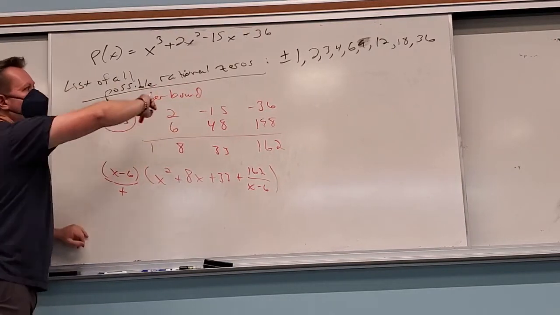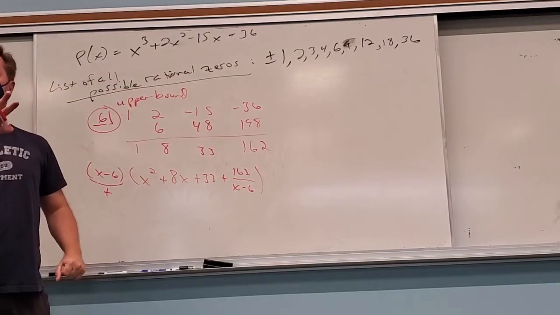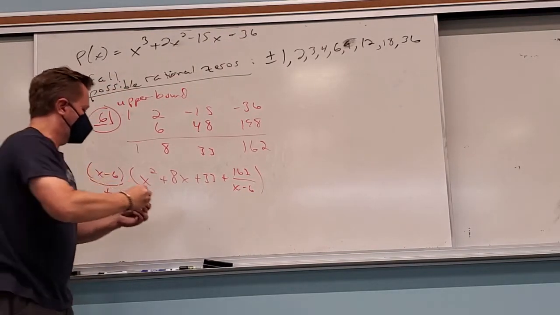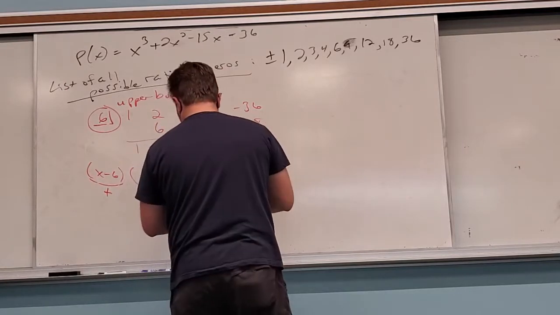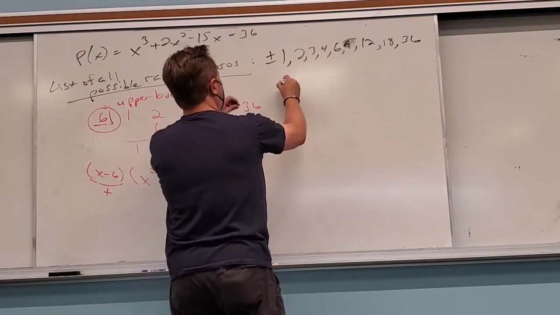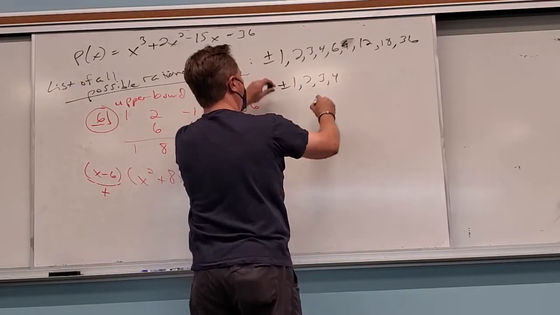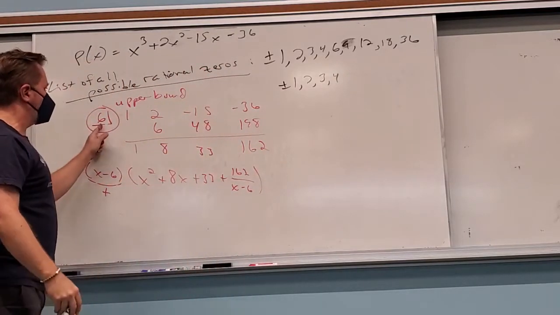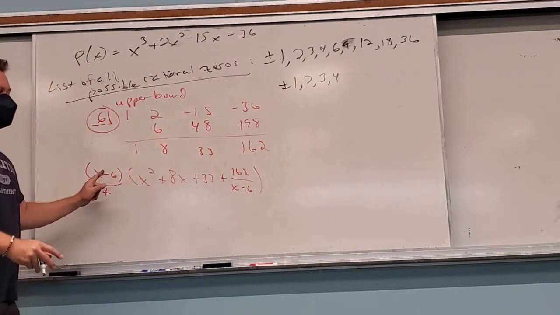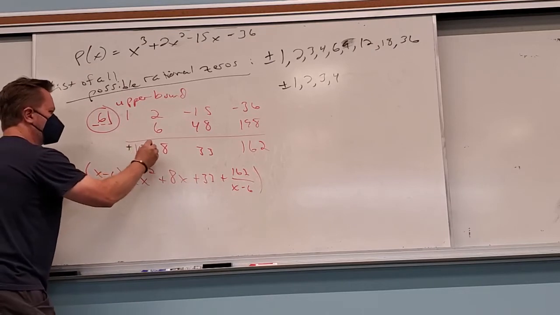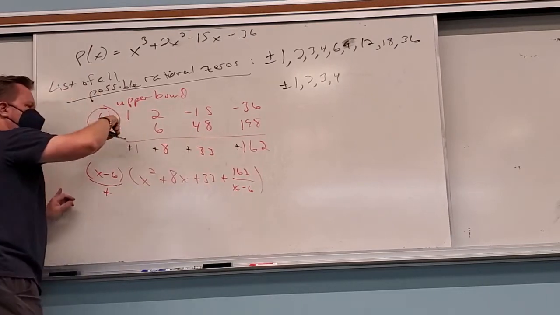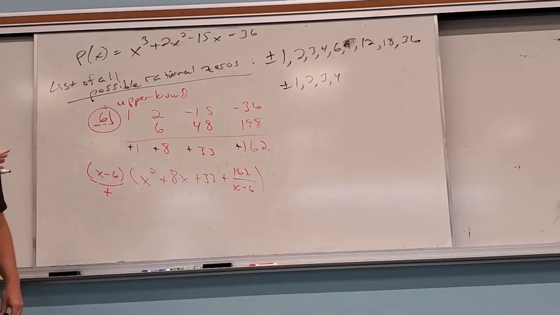Everything above 6 I can forget about, right? So what does my list look like now? It looks like plus or minus 1, 2, 3, 4. I can eliminate 6 because it didn't work. And because all of these are positive, this is an upper bound. I can eliminate everything above 6.